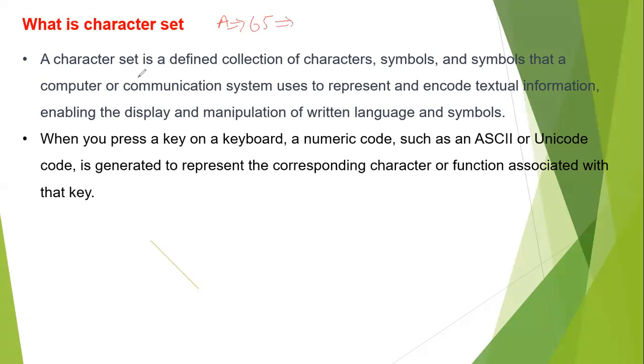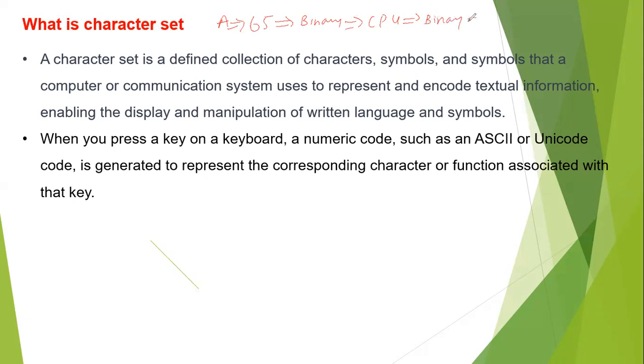That 65 is converted into binary form, and that binary form is understood by the CPU. Whatever processing has to be done, it does, and then it is sent to the output device in binary form.